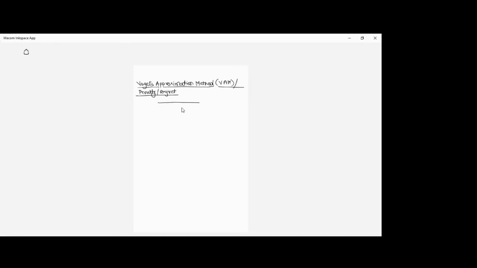So the initial part is the same. We have the values here, 1, 2, 3, 4, 3, right?